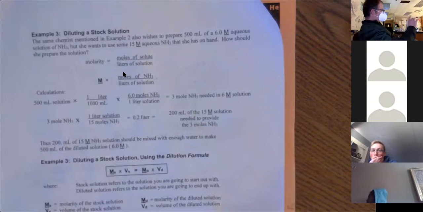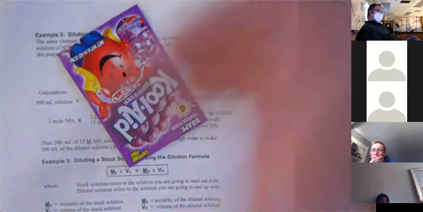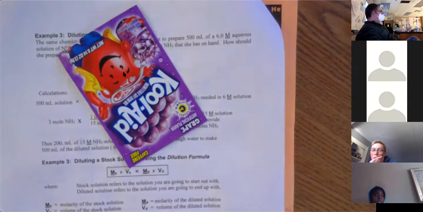But why is the powder one, you get so many more loads? Why is it in effect cheaper? Why is it cheaper for me to buy this versus buying a bottle of Kool-Aid already made?